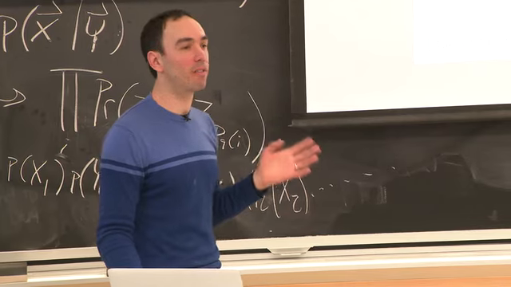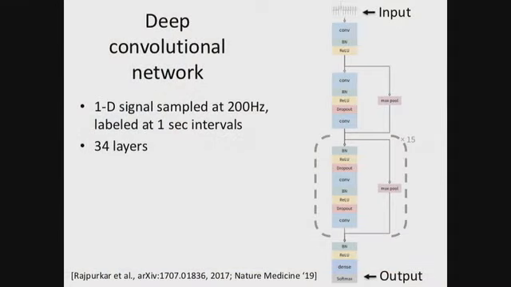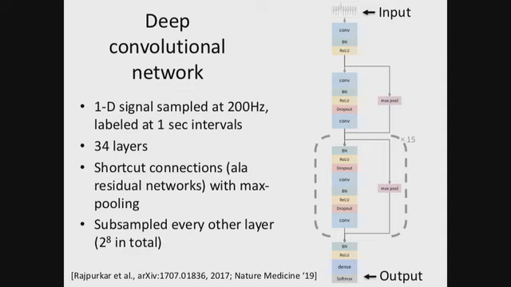So what is their convolutional network? Well, first of all, it's a 1D signal, so it's a little bit different from the convnets you typically see in computer vision, and I'll show you an illustration of that in the next slide. It's a very deep model, so it's 34 layers. The input comes in on the very top in this picture. It's passed through a number of layers.